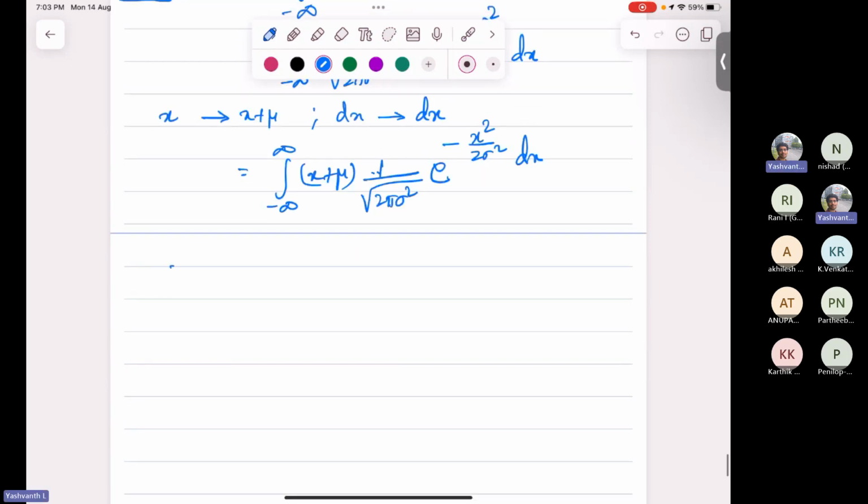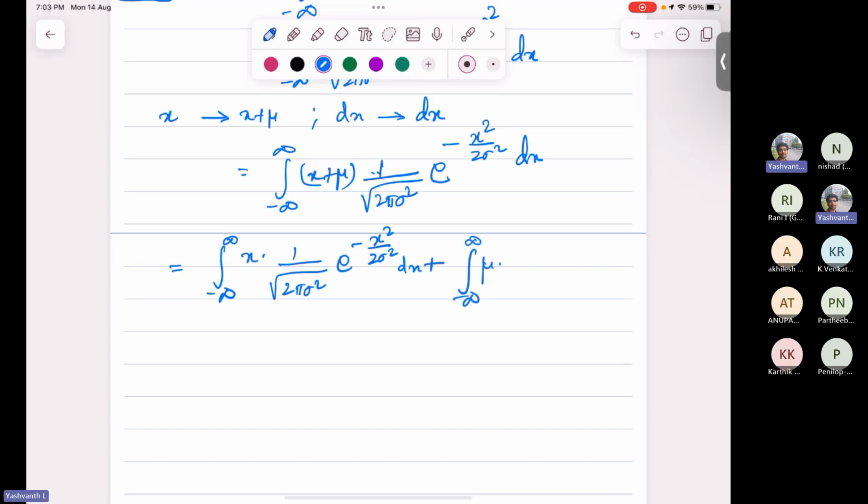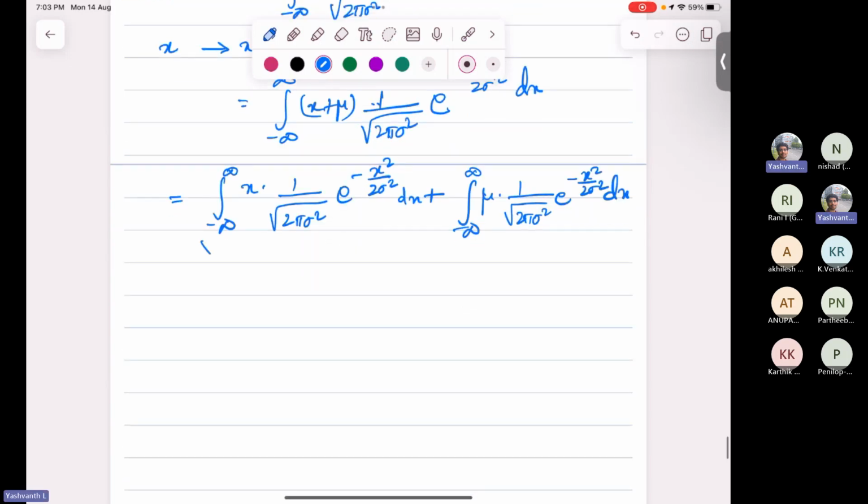because minus mu plus mu cancels, times dx. Okay, this I will just write as two components: minus infinity to plus infinity x into 1 by under root 2 pi sigma square e raised to minus x square by 2 sigma square dx, plus minus infinity to plus infinity mu into 1 by under root 2 pi sigma square e power minus x square by 2 sigma square dx. Call this integral I1, call this integral I2.